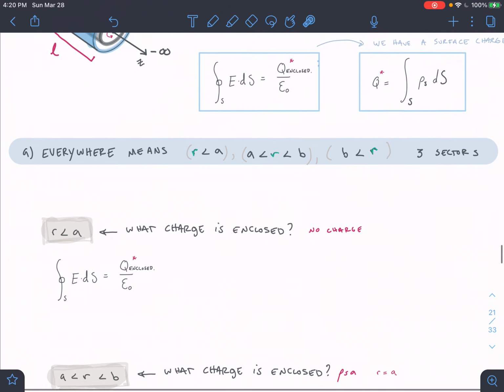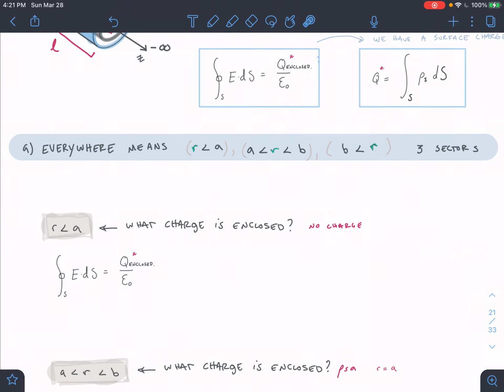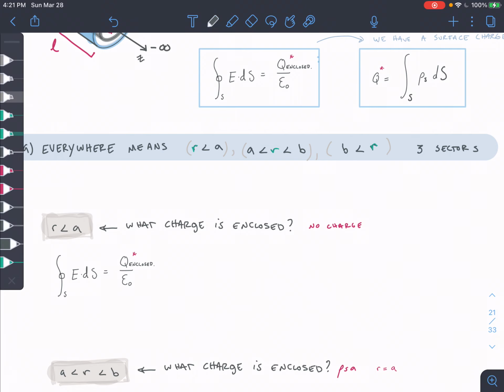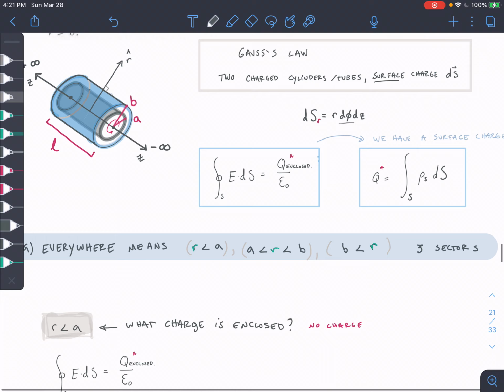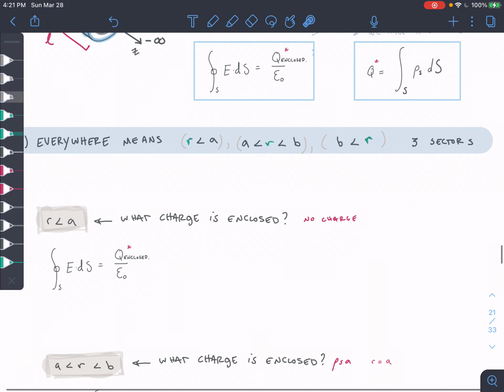Okay, let's get started. For the first one, r less than A, what's the charge enclosed in that area? If we look at what's enclosed in here, we don't have anything. We have to be less than A, where the surface charge density is, so there's actually nothing in there and no charge to enclose.